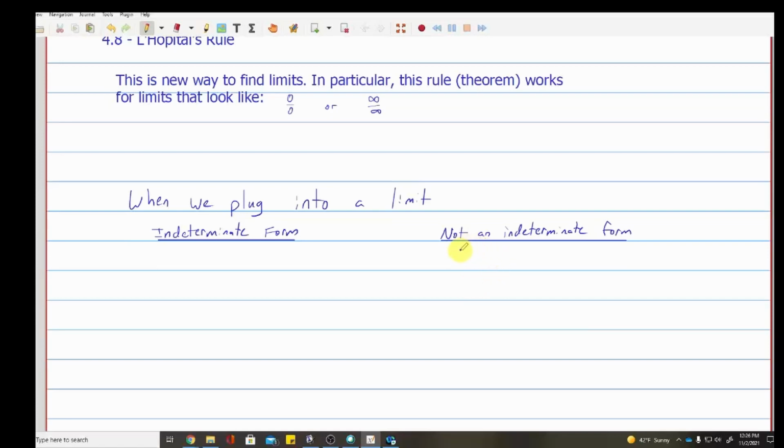If I plug into a limit and I get something like 0 over infinity, the numerator is pulling me towards 0. The denominator, if I think of like 1 over a big number, is pulling me towards 0. So both of these are pulling me in the same direction. So if I end up with a limit that looks like 0 over infinity, I say, oh, okay, that's just going to give me a 0. So I don't have to worry about that.